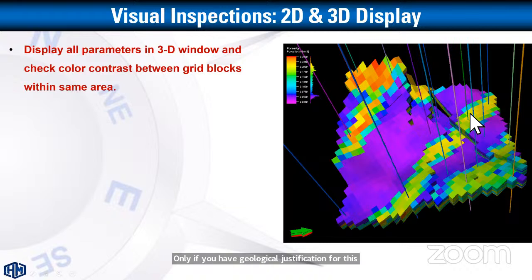If you have, let's say, a depositional environment like a sand channel, to have high porosity within this channel, and in between we have levee or flood plain, it's common to see low porosity in between, like these purple colored grid cells. But across the channel, we have the highest reservoir quality or the highest reservoir permeability.